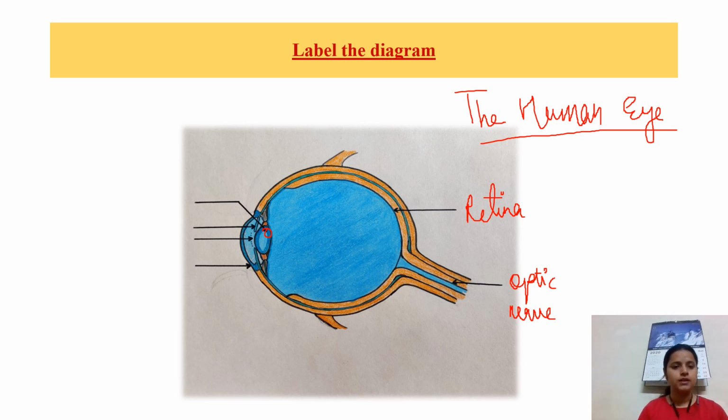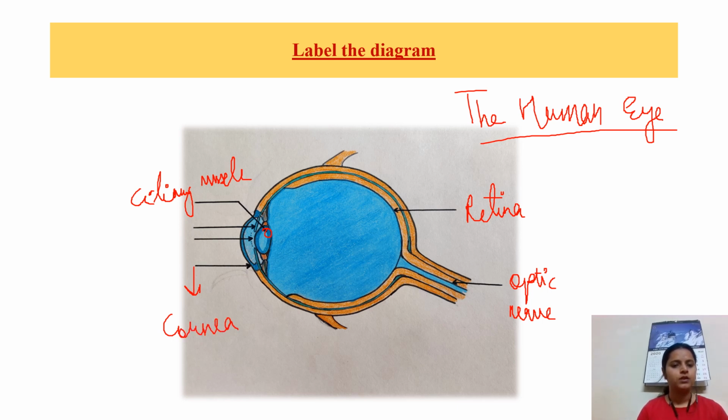So this is the ciliary muscles. Ciliary muscles. Okay, this is the cornea.